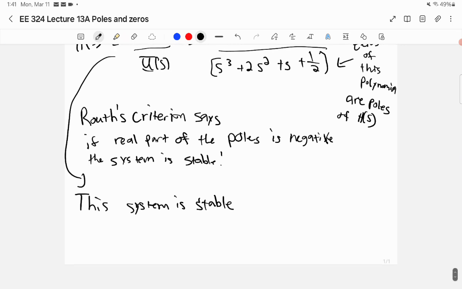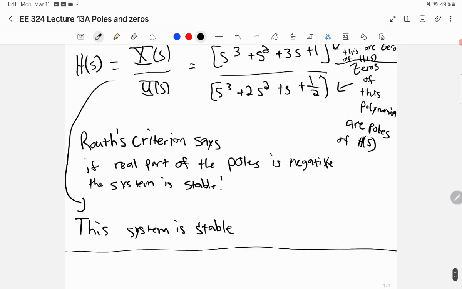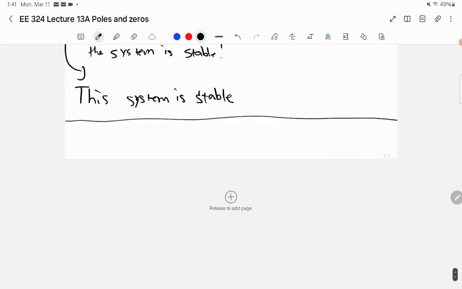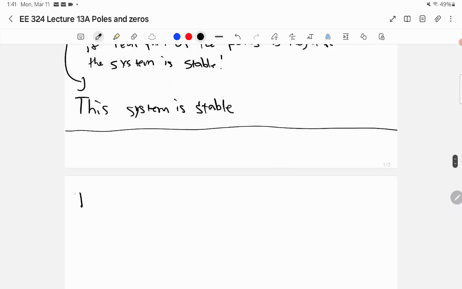Now let's start talking about steady state. Transient and steady state of stable systems.